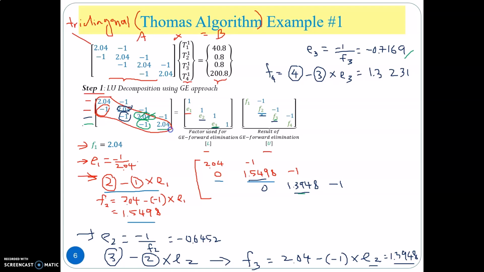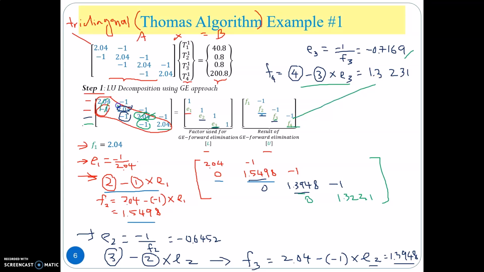Then you continue to take the forward elimination at this element by using this equation. Take the row 4 2.04 minus row 3 -1, and then multiply with E3. You get the F4 answer to be 1.3231. So you can substitute F4 with this answer.